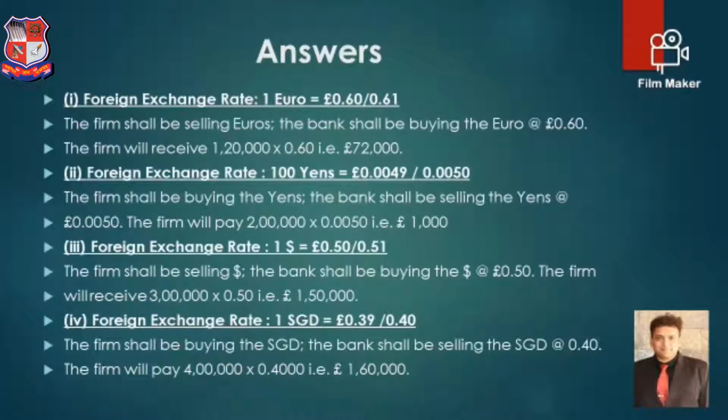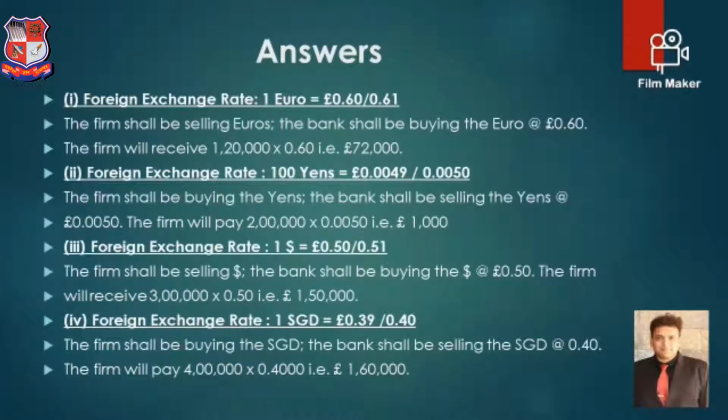To buy 100 yen, we have to pay 0.005 pound. Now we want 2 lakh yen, so how much pound do we have to give? So 2 lakh into 0.0050, we need to give 1000 pound and we can get 2 lakh yen, and then the UK company can pay 2 lakh interest.